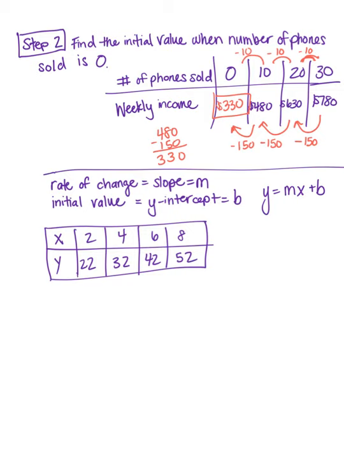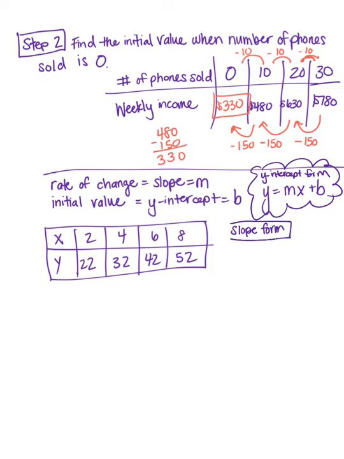So to find the slope or the rate of change, we're going to use our slope formula. Let's get our formula straight. So this is y-intercept form. And then this is a review from module 3, but we have slope form, which is, do you remember?